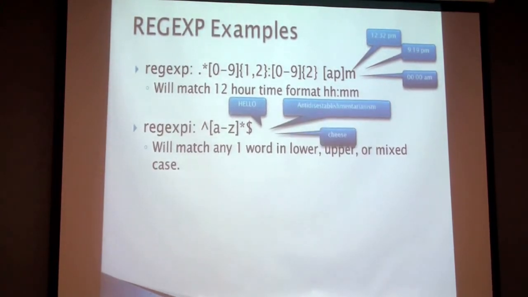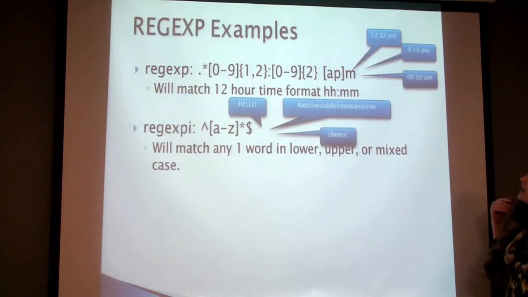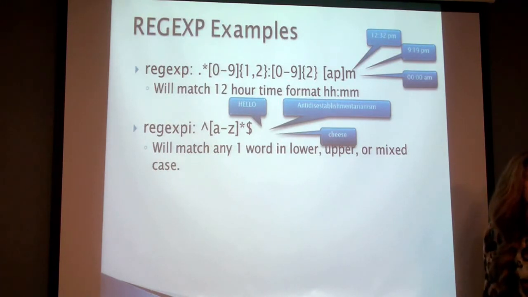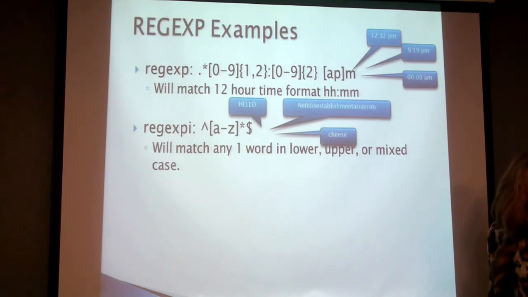So it will actually match hello in all uppercase, cheese in all lowercase, or anti-disestablishmentarianism. And every single time I try to give a definition, somebody looks it up and says, no, you're wrong. It's an establishment against establishments. If you look it up and I'm wrong, I'm sorry.